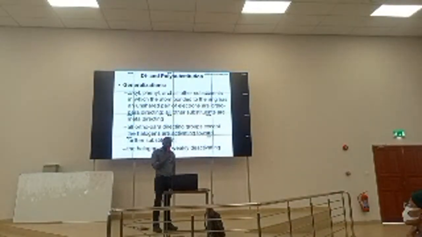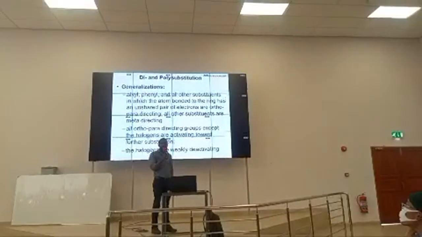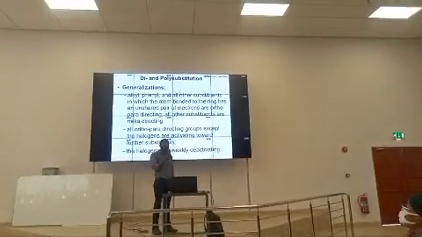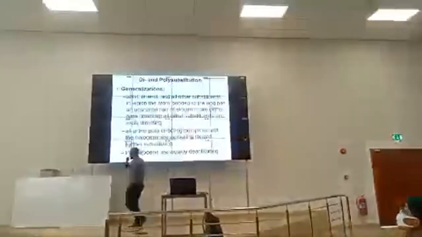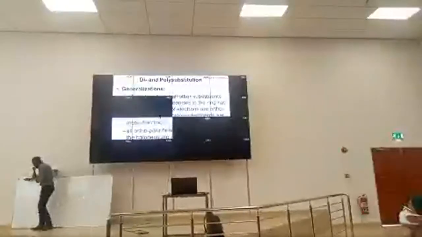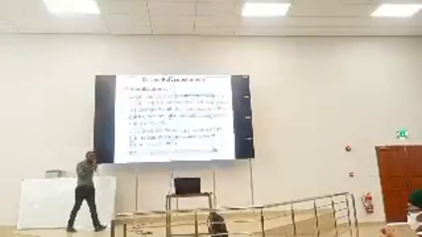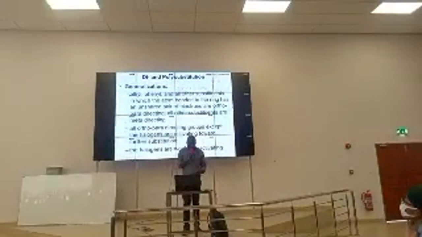And then all other substituents are meta-directed. We have a substituent that doesn't have a lone pair of electrons sitting on the atom directly bonded to the benzene carbon, and it's not a benzene ring itself, then that particular substituent is meta-directed. Okay, so that is very important, and we know why this is the reason.